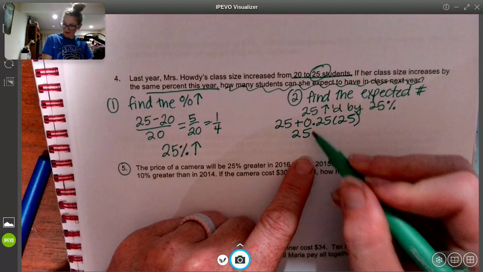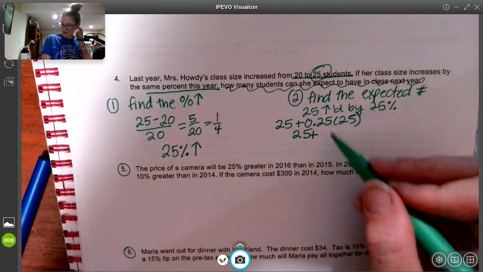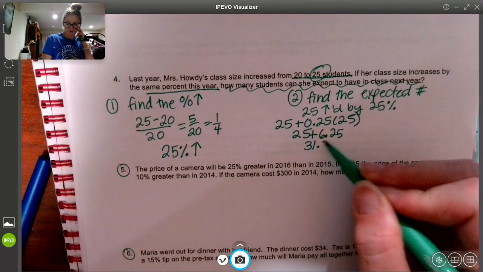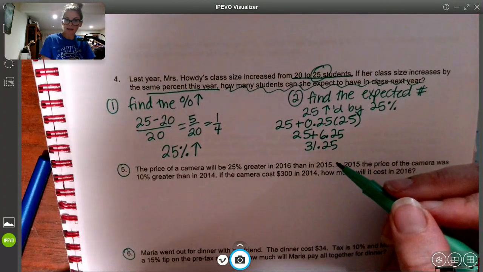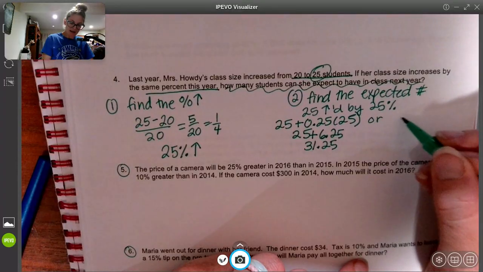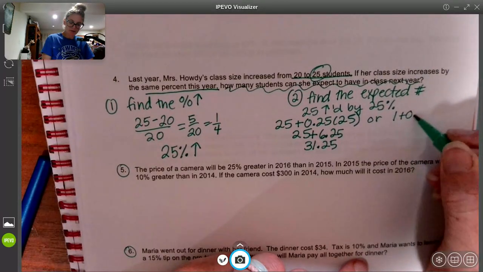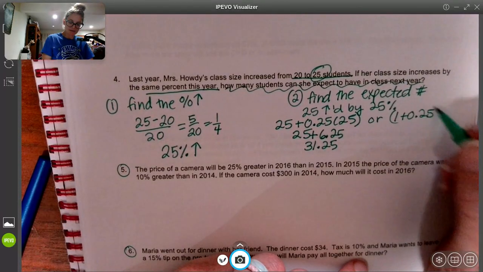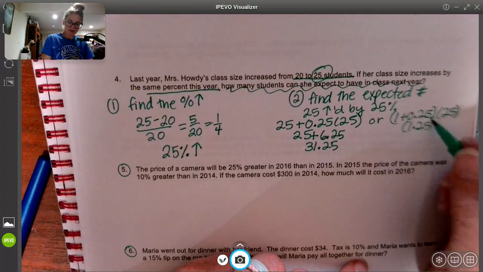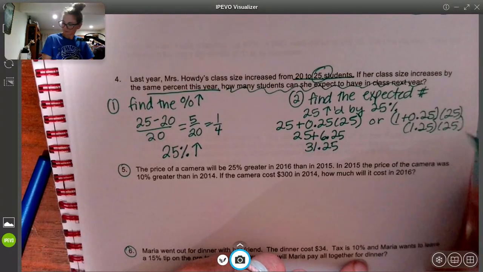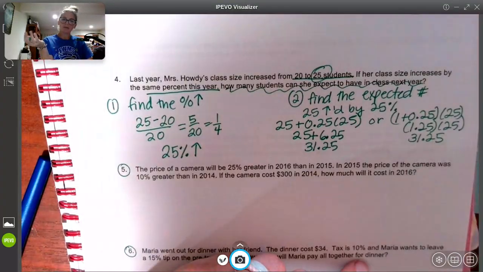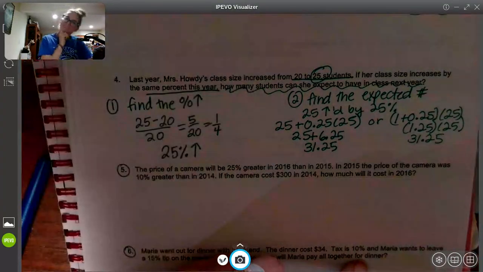Which is 25 plus 6.25, which gets you 31.25. Interesting answer. We'll talk about that in a second. Or we can think about this as 100% plus 25% of 25, which gets you 1.25 times 25, which is also 31.25.